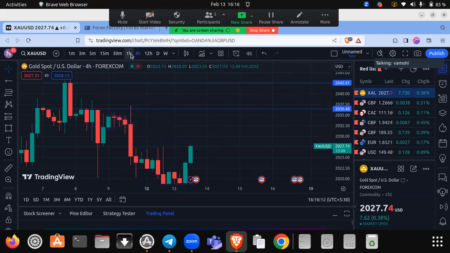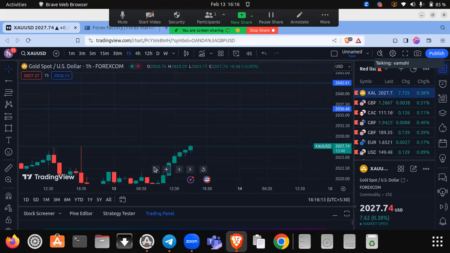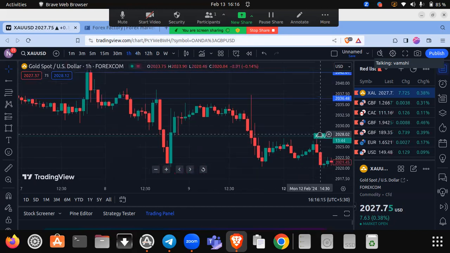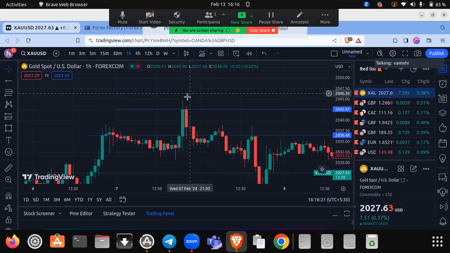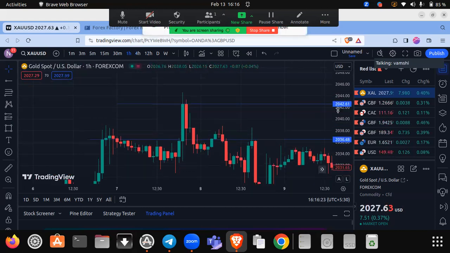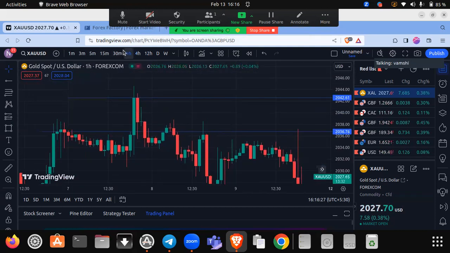We will check on H1 if it made any engulfing sell on major resistance. Okay, no major resistance, no sell on H1 too. I will go to M30.